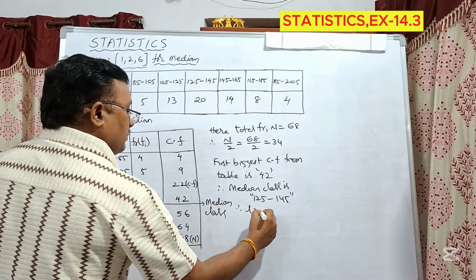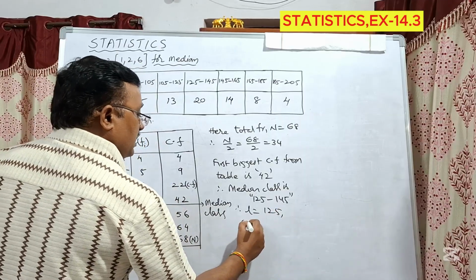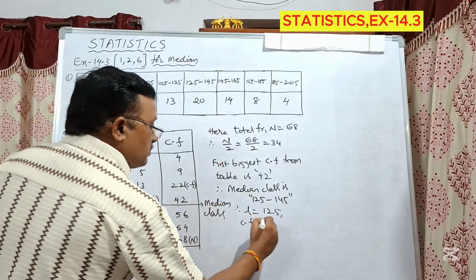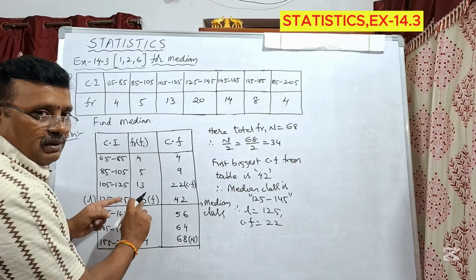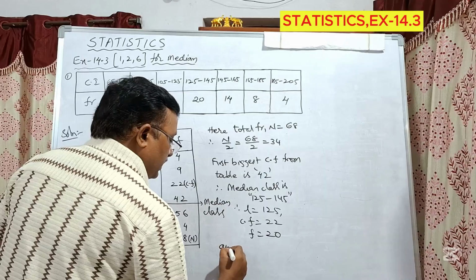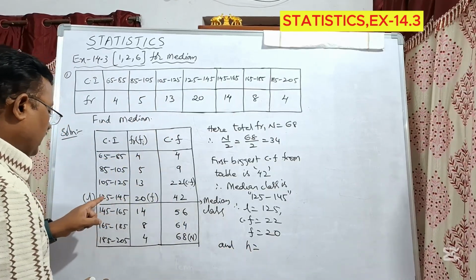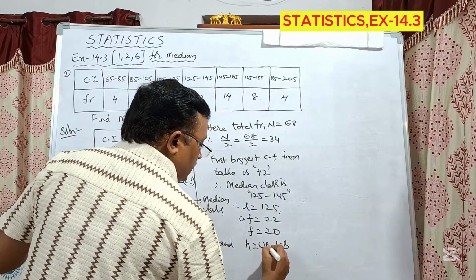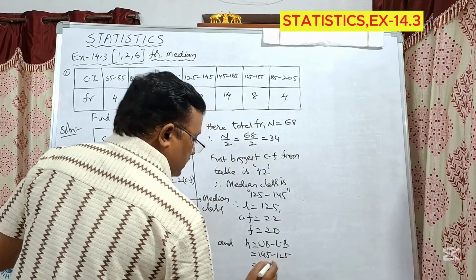Therefore L equal to 125, CF is the preceding class cumulative frequency, 22, and the median class frequency, small f, is equal to 20, and h is the class size, upper boundary minus lower boundary, 145 minus 125, that comes as 20.